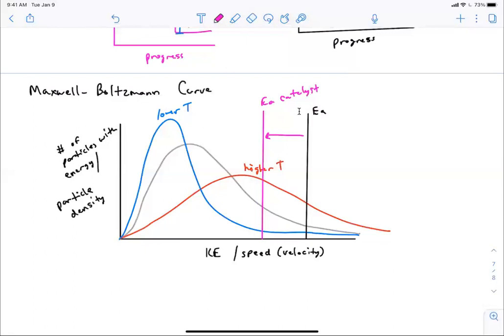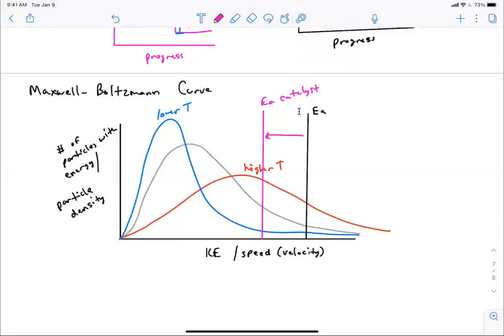And so you will see the number of particles to the right of that line increases. And that means more particles have the right amount of energy to meet the requirement of the activation energy to react. And so the catalyst is lowering that.